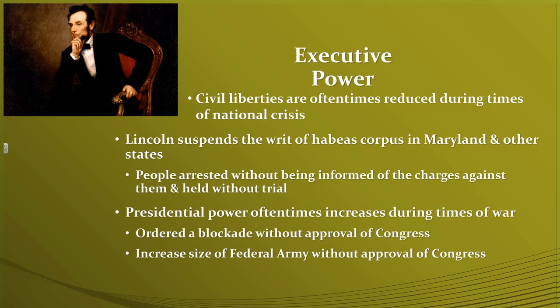He orders blockades without the approval of Congress. He suspends habeas corpus, as we talked about. He increases the size of the army without the approval of Congress. He declares martial law. And when you suspend habeas corpus, you see people being thrown in jail without a trial, and that is a limit on people's rights. So that is a common theme.